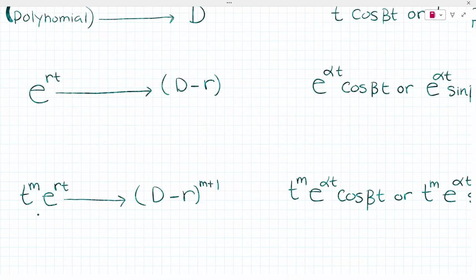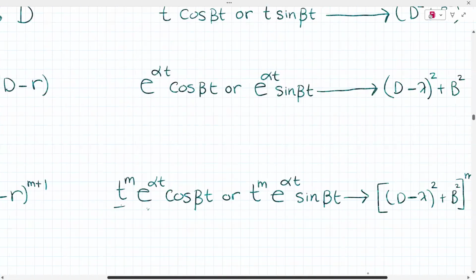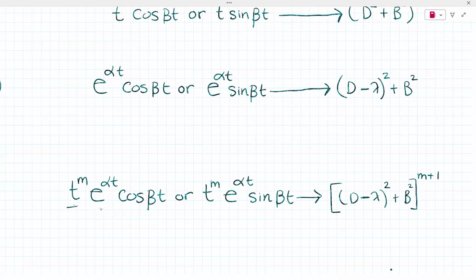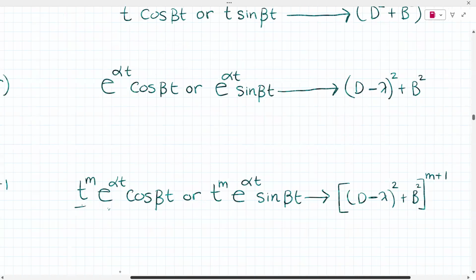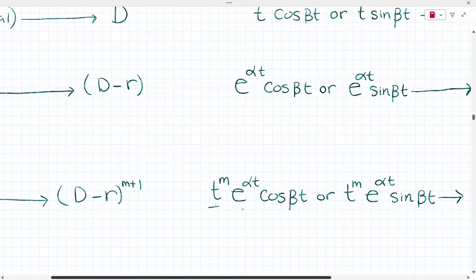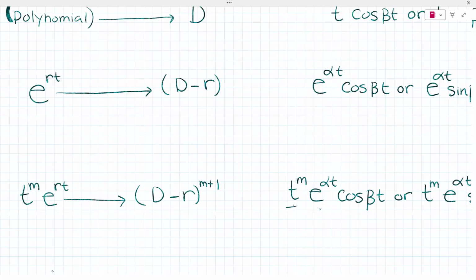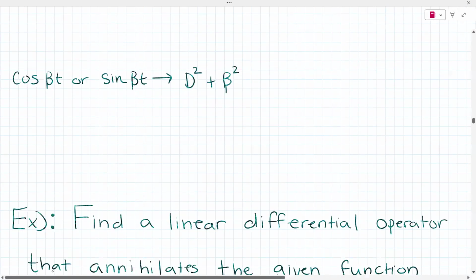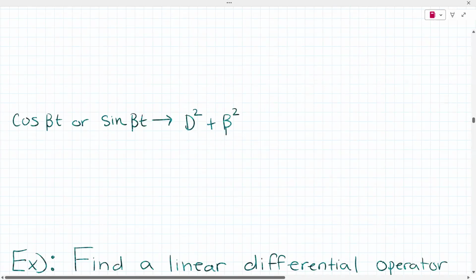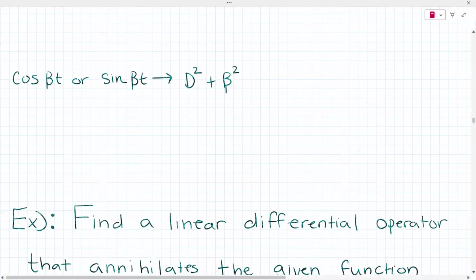And if you have a power, an exponential and a trig, it would look something like this. Go ahead and write that down if you need to. And if you just have a trig, a cosine or a sine, it's just going to be D squared plus beta squared.